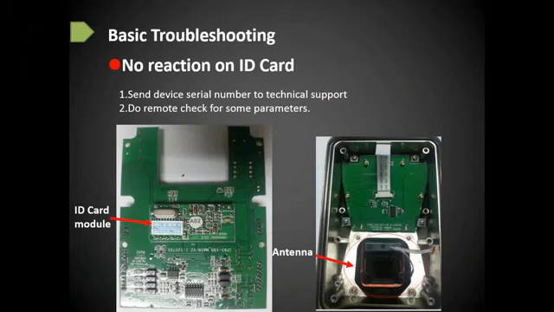At this time, you must check the ID card model or the antenna. But in MA500, the ID card model or the antenna is not easy to dismantle. It's not easy to damage, okay?